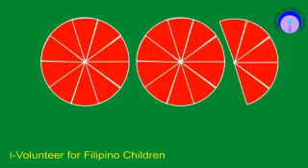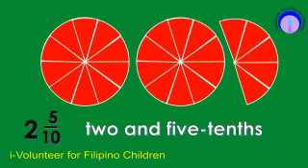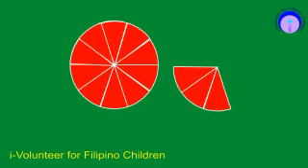How many equal parts this one whole is being divided? This can be interpreted as 2 5/10. This is how 2 5/10 is written in words. How about this one?